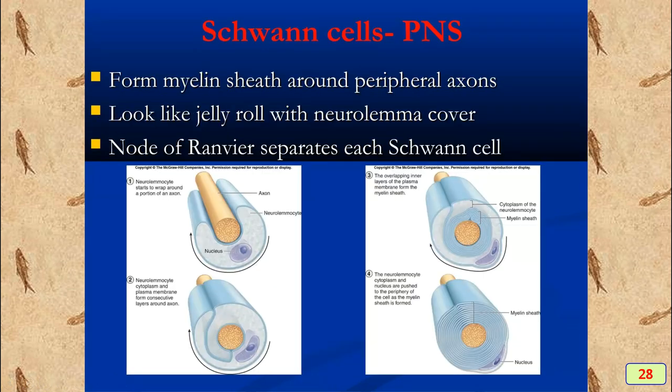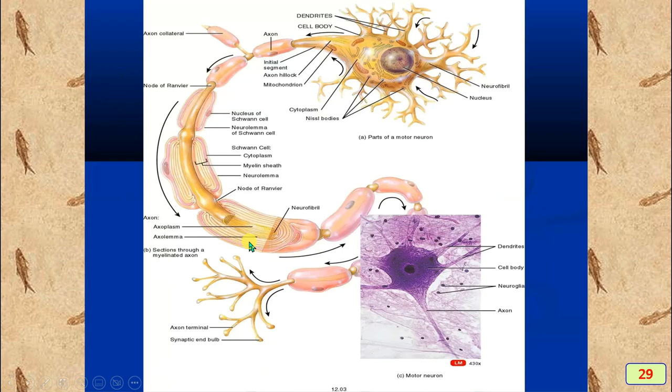The Schwann cells surround the myelin sheath around peripheral axons and look like a jelly roll with neurolemma cover, and the nodes of Ranvier separate each Schwann cell. So here you can see that particular structure.